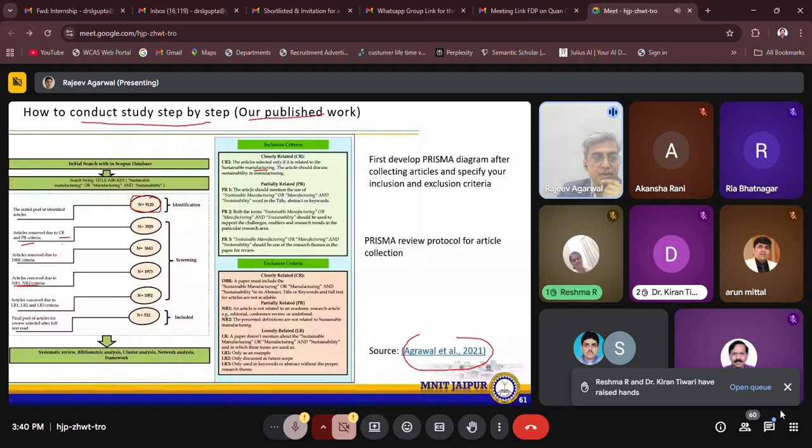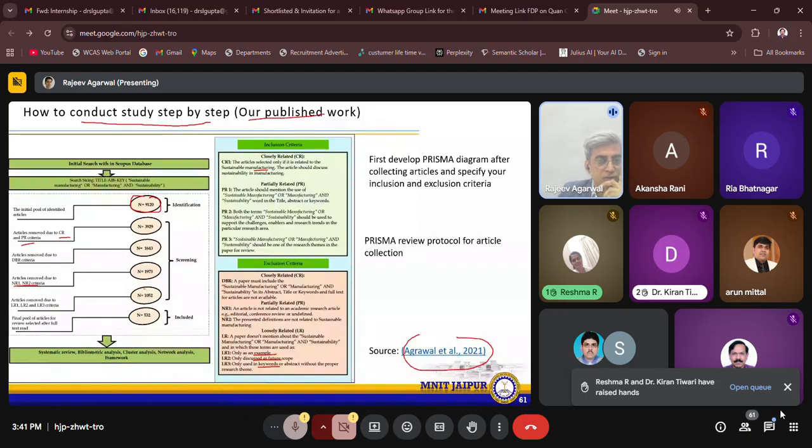And DBR criteria means paper must include sustainable manufacturing. So this is the PRISMA guidelines for review protocol. Articles were removed due to LR1, LR2. LR1, LR2 are, as an example, only discusses future scope, only used in keywords.